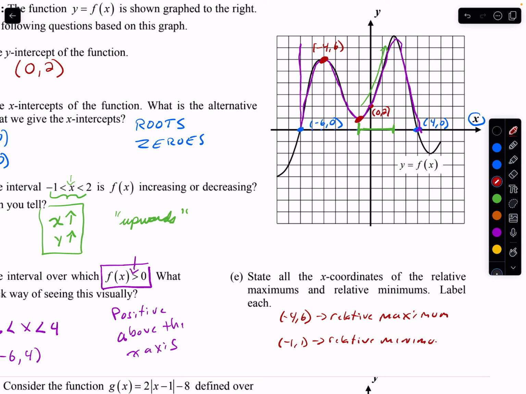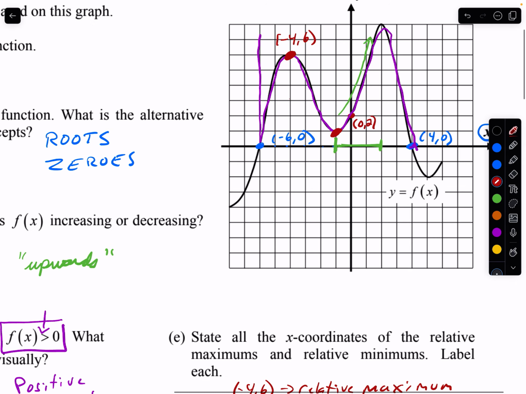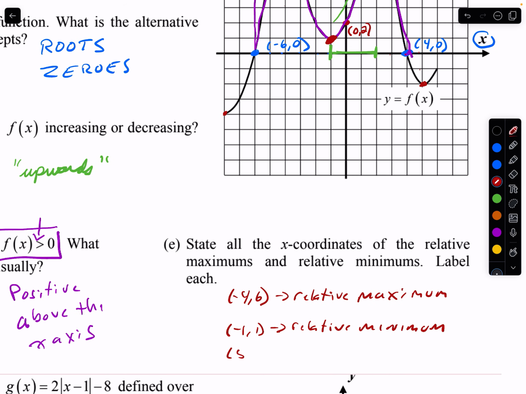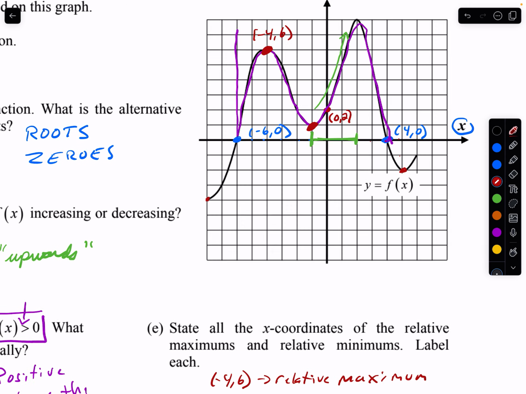minimum. What that means is it's not the complete lowest point. This right here and this right here are lower points. So we can also say that (5, -2) is also a relative minimum.